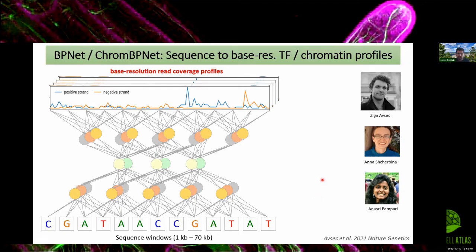Now, one other interesting thing we've done in this work is, as you know, all of these assays have biases, such as enzyme biases. If you fit a very powerful model naively to some data, it is not only going to learn biology, but it's going to learn all the biases that exist in the data. You may have heard of similar problems with deep learning models trained on other kinds of data, images and text, where they often learn all kinds of biases, some of which are not very pleasant.